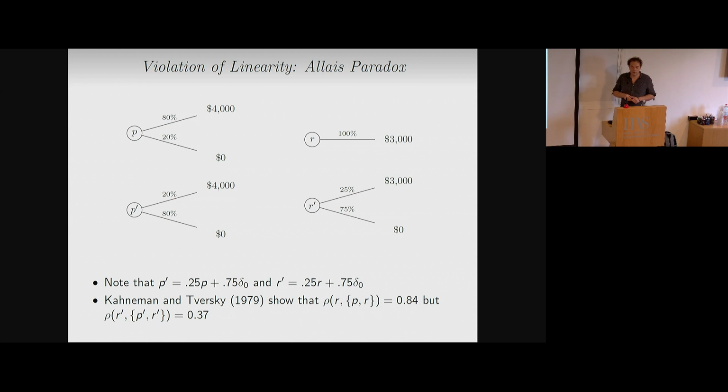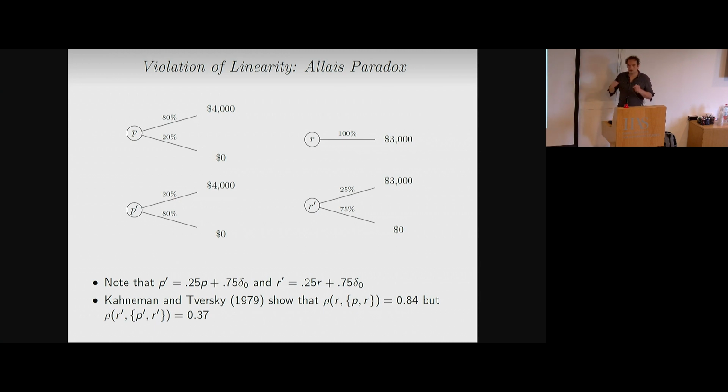Now, if you look at this, this is exactly the kind of situation in which the axiom should apply, because P prime is a mixture of P and a point mass on 0, and R prime is a mixture of R and a point mass on 0. And both of these mixtures are with the same proportion, a quarter on the lottery, 3/4 on 0.